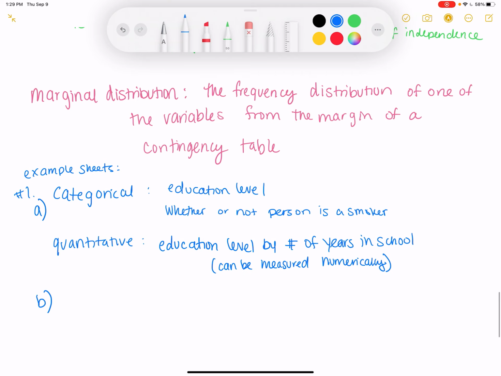So in this case, it's going to be 200. And then it says we're smokers with a high school education. So we're going into the smoker column, and then we're going to go to high school education. So that's going to be 32 out of the total 200.